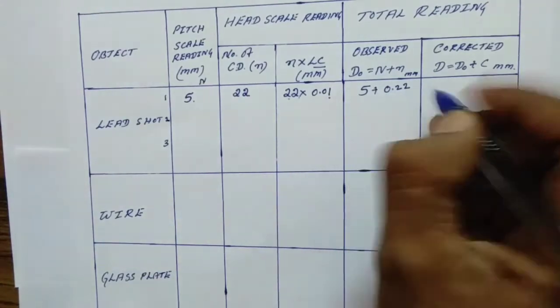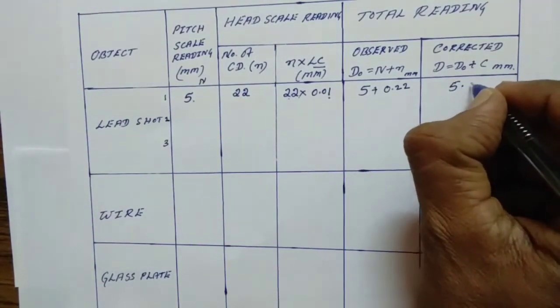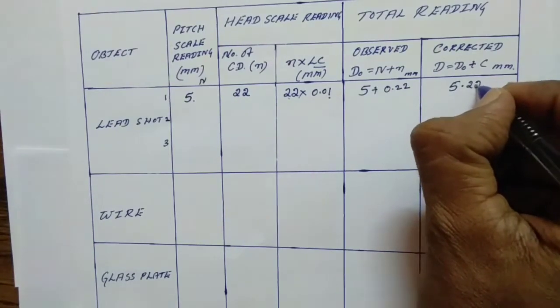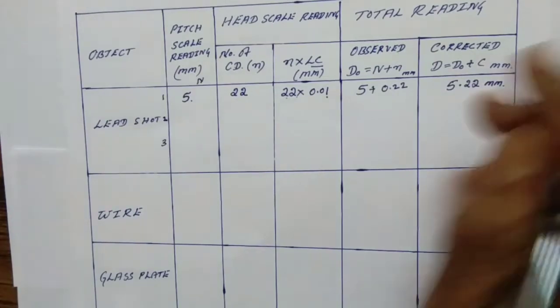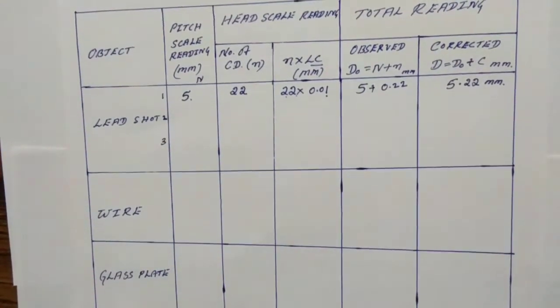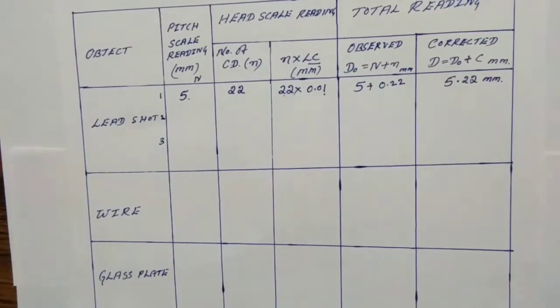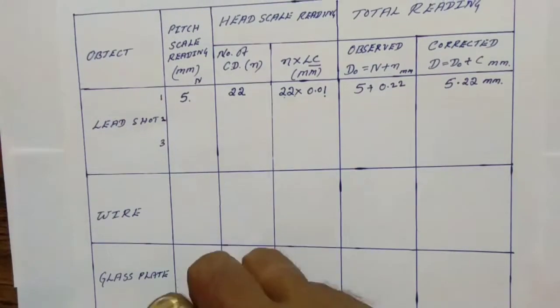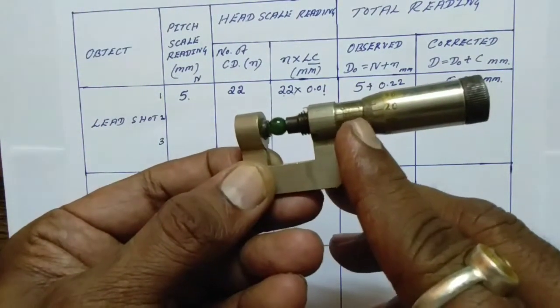On adding these two things, the corrected reading is 5.22 millimeter. If you convert this into centimeter, you will get 0.522 centimeters. But I want it in millimeter, so 5.22 millimeters.